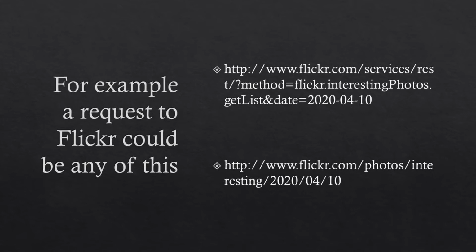Or it could be a more simplified form, as the second one displayed on the screen. So based on how the method information and scoping information are passed in a client request, we have different types of architectural styles in place today. These are the styles or guidelines using which the service endpoints are built. So friends, just keep that in mind.